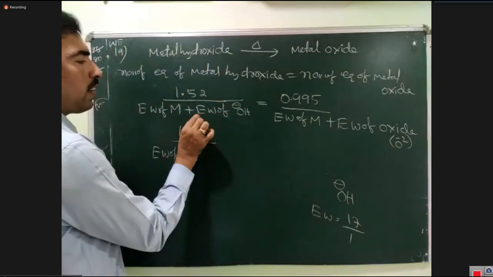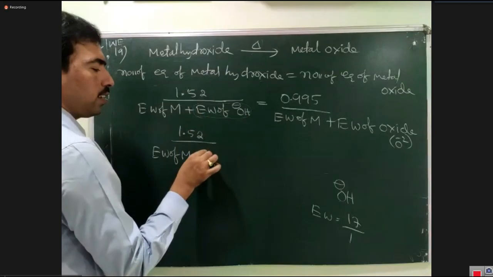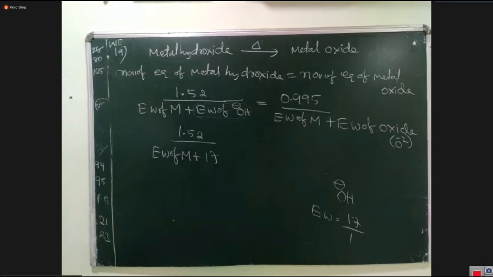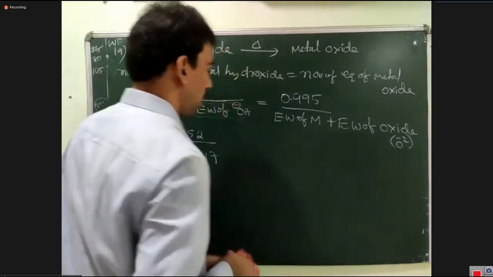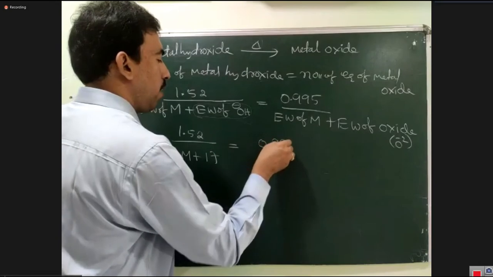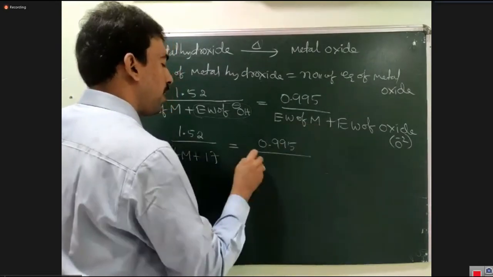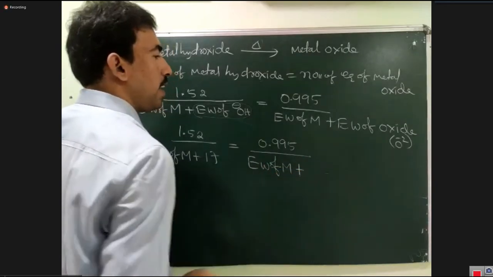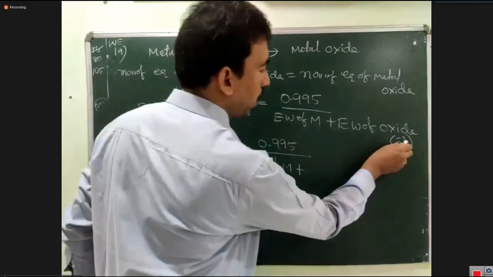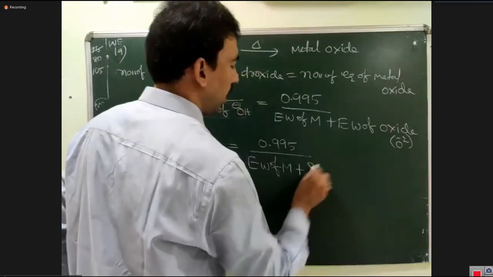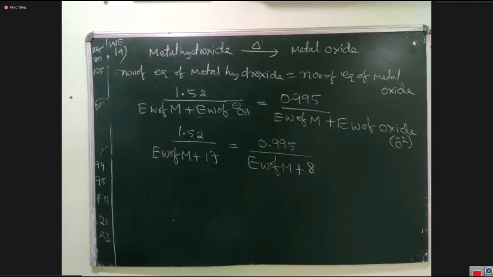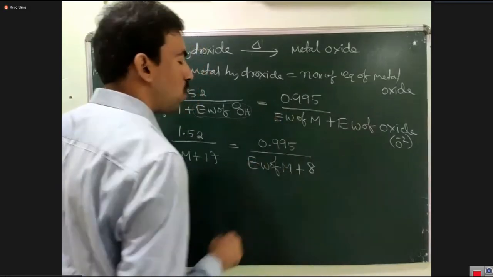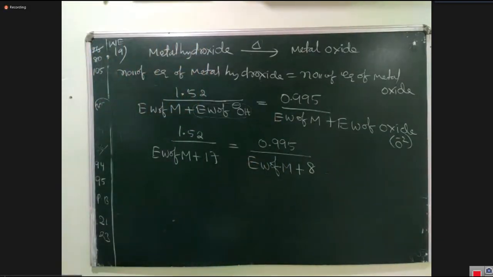On the other side, 0.995 divided by the equivalent weight of metal plus the equivalent weight of oxide. The equivalent weight of oxide is O minus 2, so 16 by 2, that is 8.